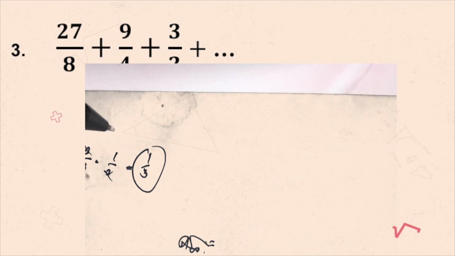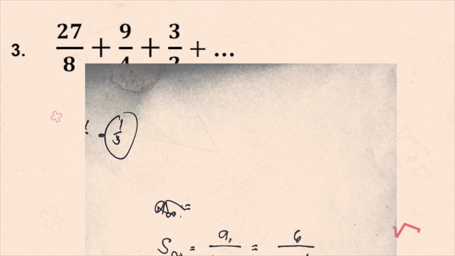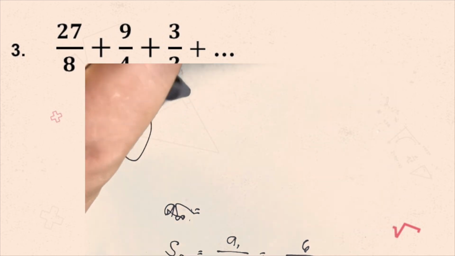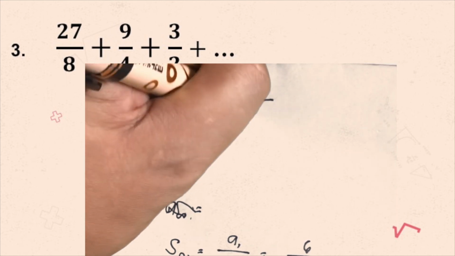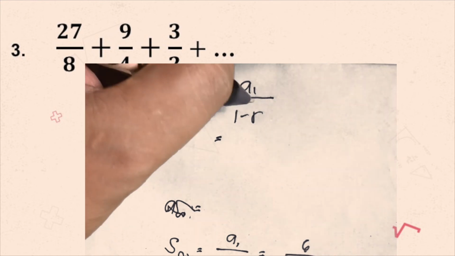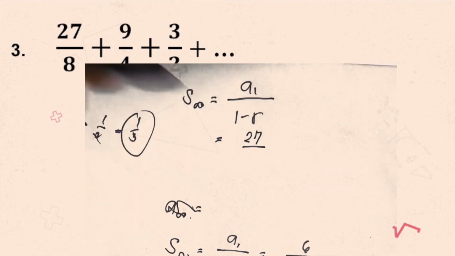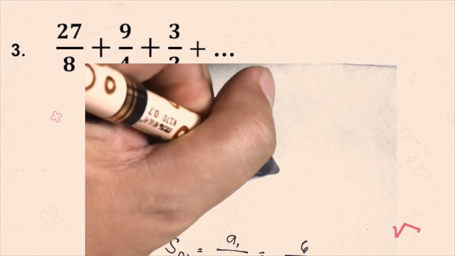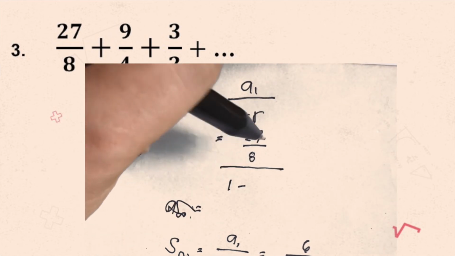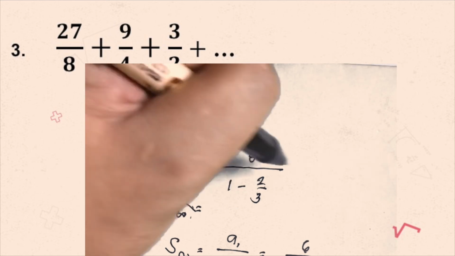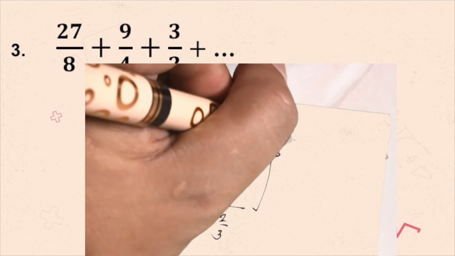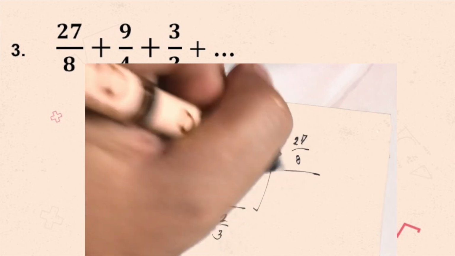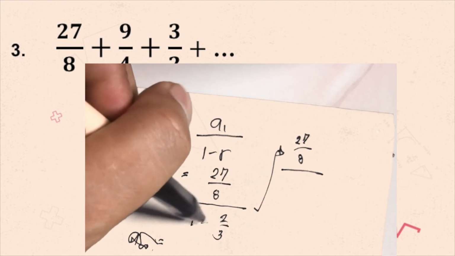So in number 3, the given sequence is 27 over 8, 9 fourths, 3 halves. So let's apply the formula. S of infinity is equal to a sub 1 all over 1 minus r. So the first term in the given is 27 over 8 all over 1 minus the common ratio, which is 2 thirds. So this will be 27 over 8 all over 1 minus 2 thirds.